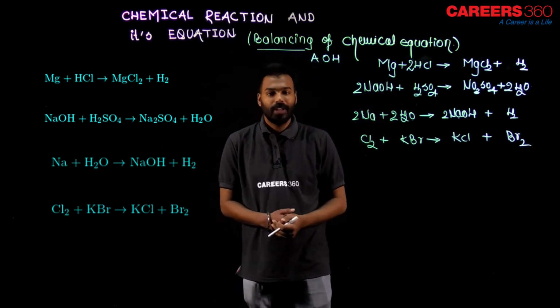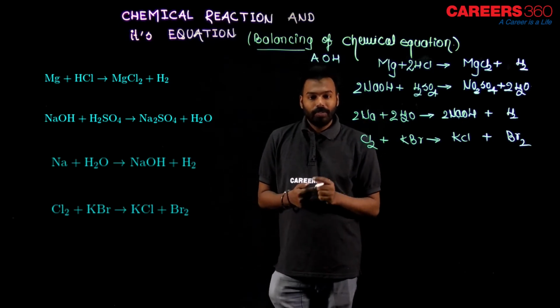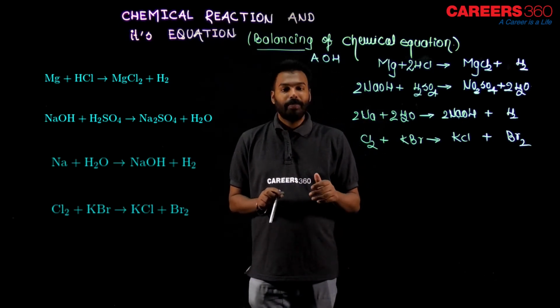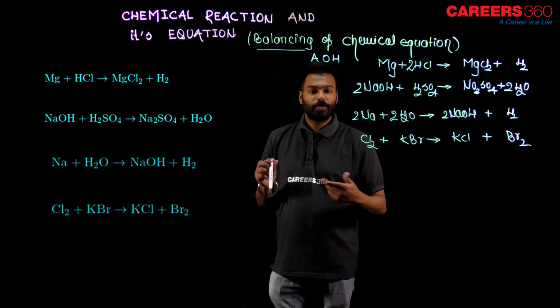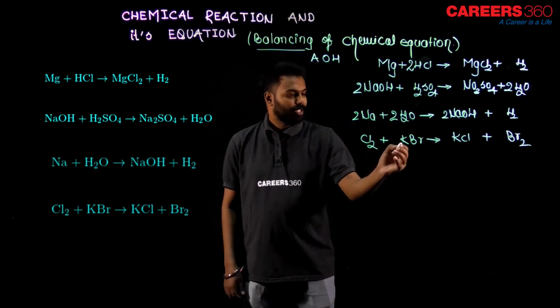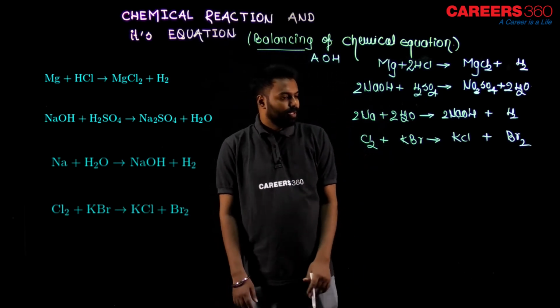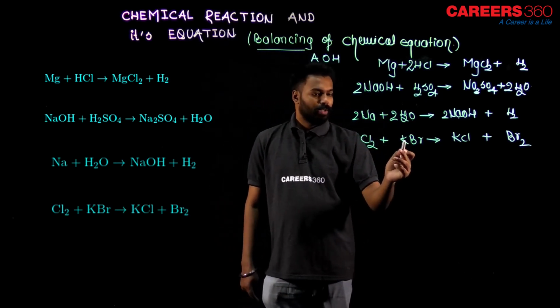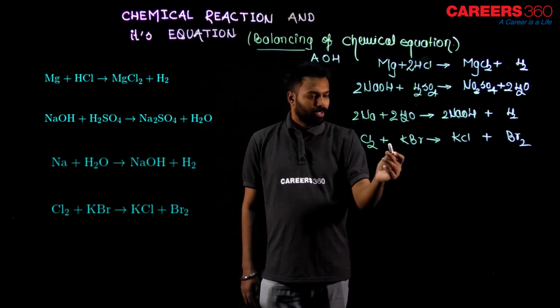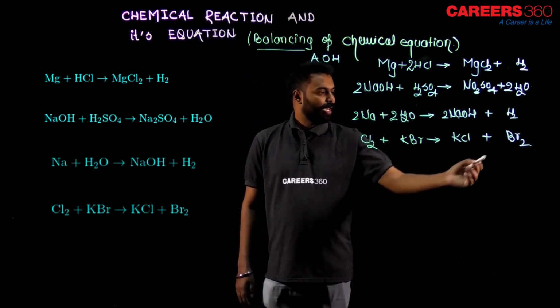So this is a question, which one should I take first? Always try to start from the metallic elements, electropositive elements. Okay, that is potassium here. One potassium, balanced. Then talk about the bromine. So yeah, bromine here 1 and here 2.